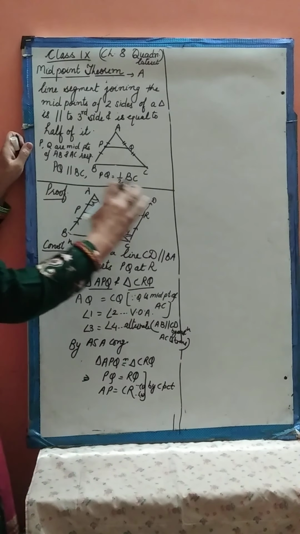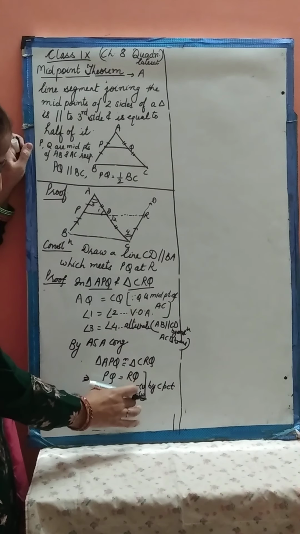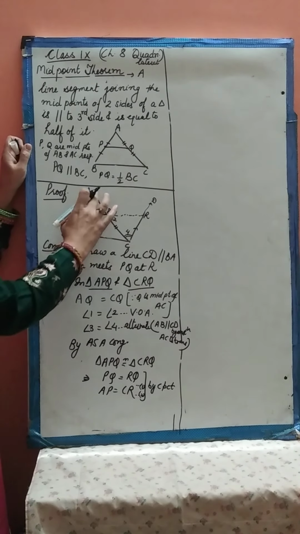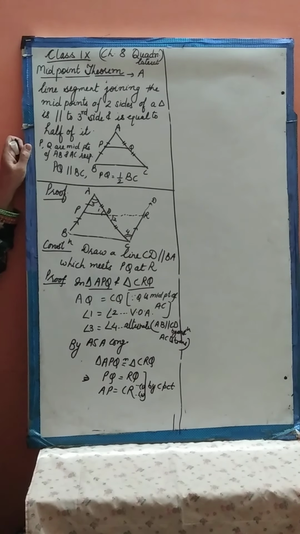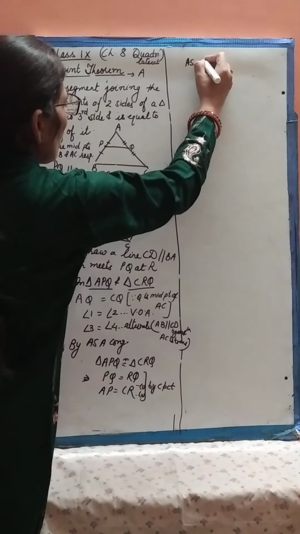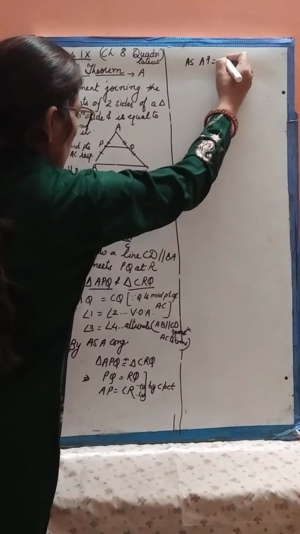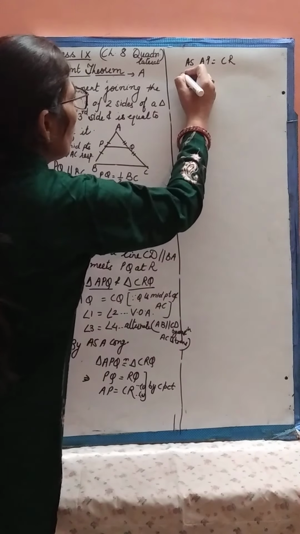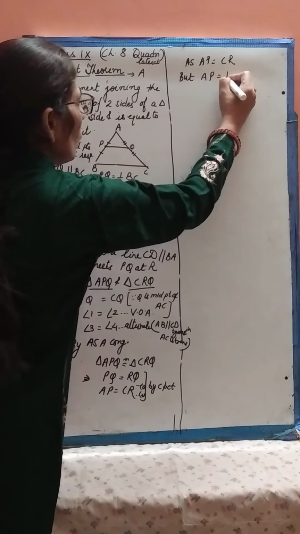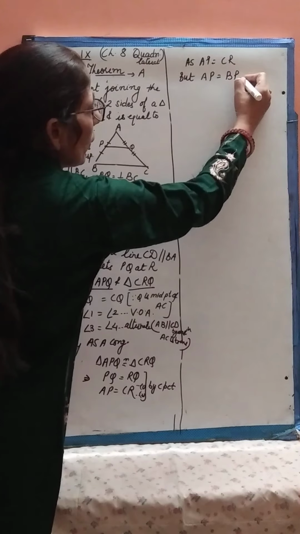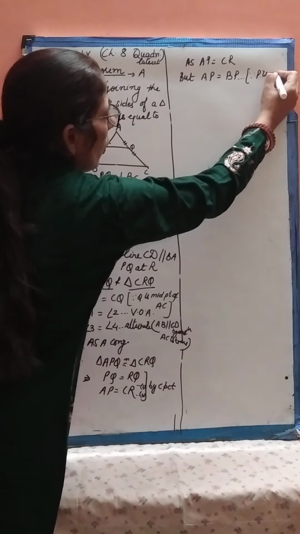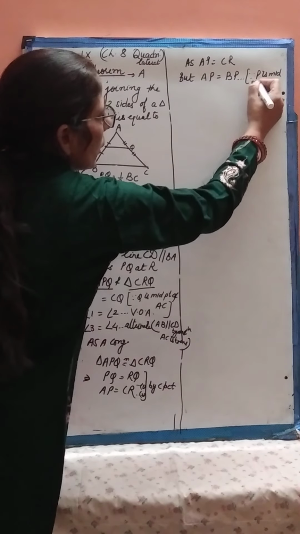Now see, AP is equal to CR, right? But AP is also equal to BP. Why? Because P is the midpoint of AB.